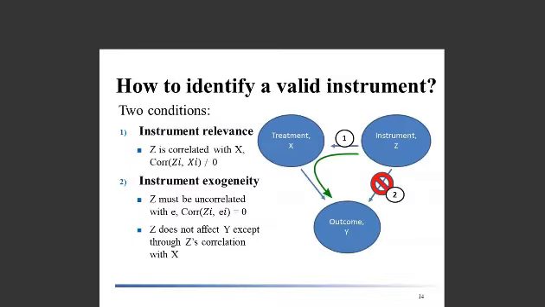So how do we identify a valid instrument? There are two conditions. We've generally already talked about them in the intuition, but I'll just formalize them here. The first condition is instrument relevance, which is that the instrument Z should be correlated with X, that it should have an impact.